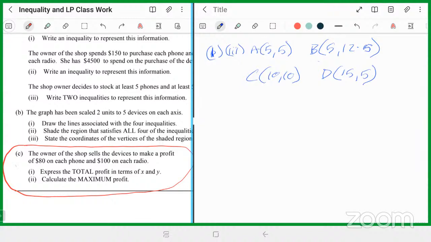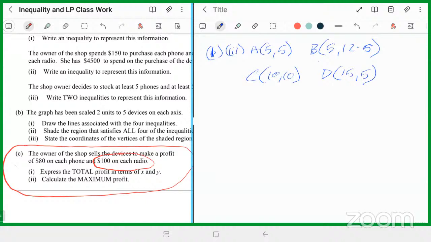So if he sells 2 phones, it's $160 done. If he sells 3 phones, his profit is going to be 80 times 3. If he sells 4 phones, it's 80 times 4. Then for the radios, it's $100 on each radio. So if he sells 2 radios, it's 100 times 2 profit. If he sells 3 radios, it's 100 times 3.